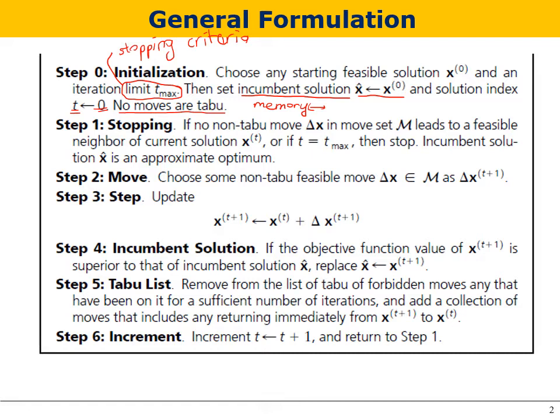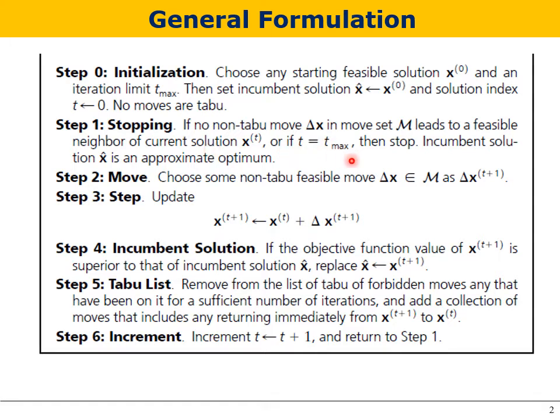Step 1 of the algorithm identifies the stopping criteria, and basically it says that if you reach a solution in which, in the neighborhood (this M represents the neighborhood), there are no non-taboo moves that lead to a feasible neighbor, it means that you check its neighbors, some of the neighbors are taboo, which means forbidden, you cannot jump to them, and when you look at the others, they are not feasible, so you stop.